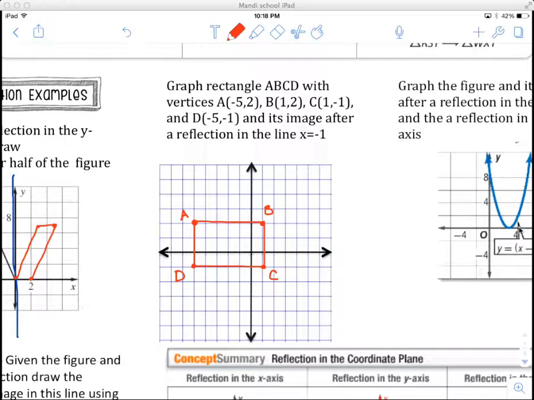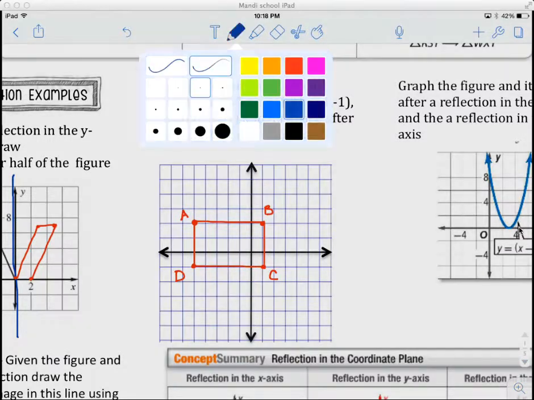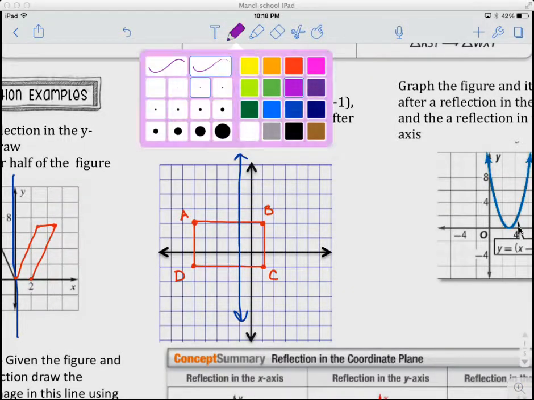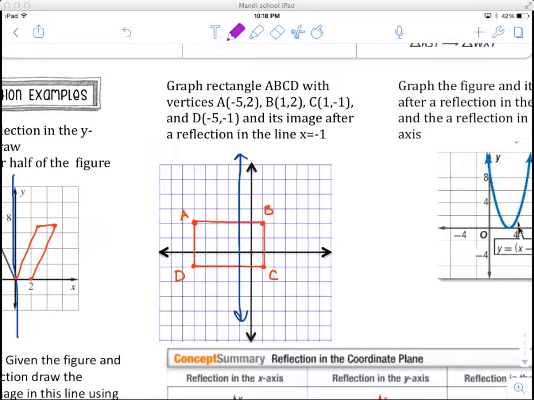Now we want to graph its image after a reflection in the line x equals -1. So here's the line, x equals -1. So we want to reflect it in that line. So from that line, we go right 2 to get to B. So that means we would go left 2 to get to B prime.